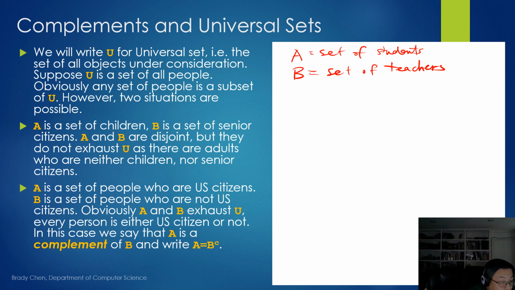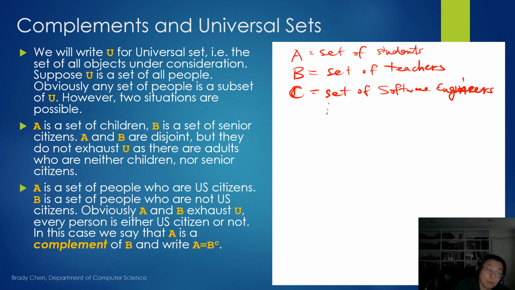Okay, and a set of C, let's say, software engineers. We can discuss various different groups of people. Now, these sets may have some kind of relationship.